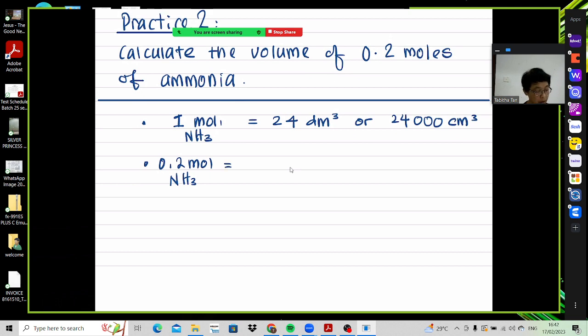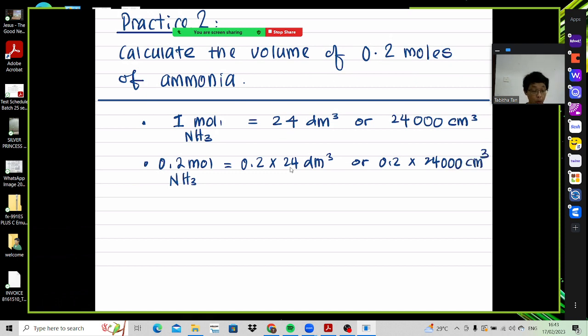Let me show you both. If you want dm cube, we just do 0.2 times 24 dm cube. Or you can put 0.2 times 24,000, and this will be in cm cube.